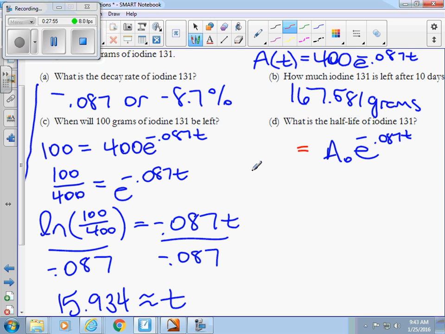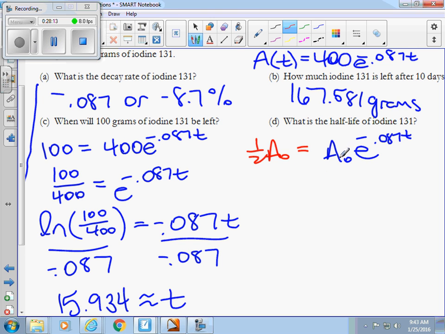So if I started with 400 grams, then half would be 200. So on this particular problem, I could do that, but I'm going to pretend I don't know.